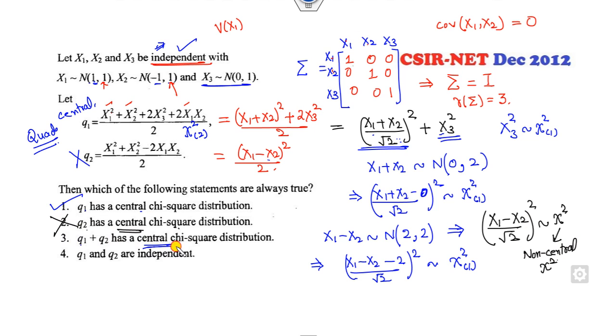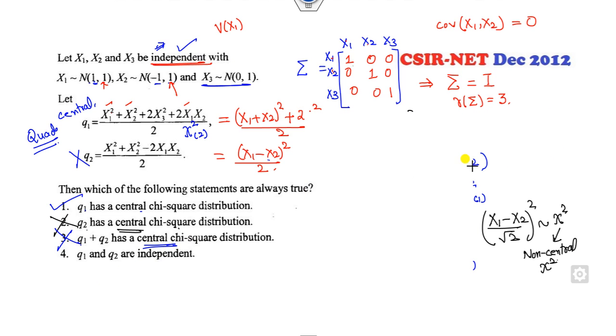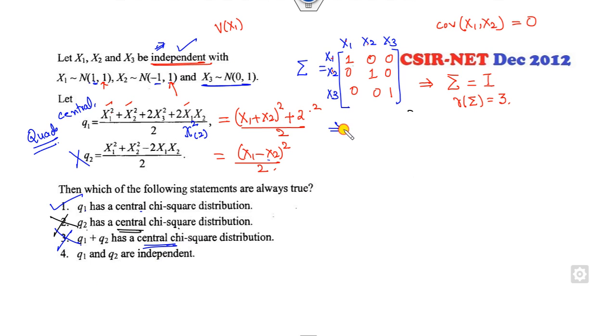Q1 plus Q2 is central again, so that is cancelled out because Q2 is not a central distribution. Q1 and Q2 are independent. How can you check the independence? Again, very simple. As I told you, the shortcut is to write the corresponding matrix A. How can you write the corresponding matrix? What is the coefficient of x1 square?